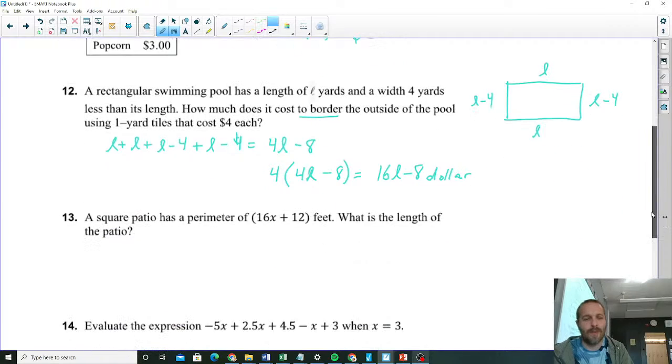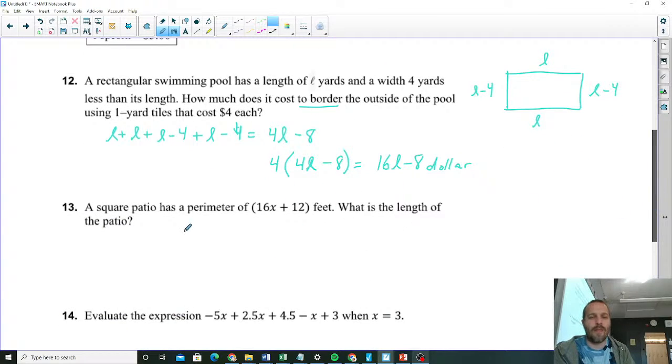All right, next. Square patio has a perimeter. What's the length? So remember, a square patio means that we have 4 sides, and all 4 sides are equal.